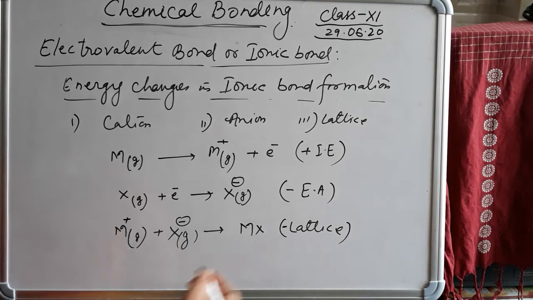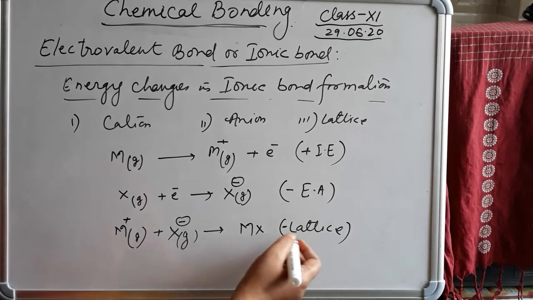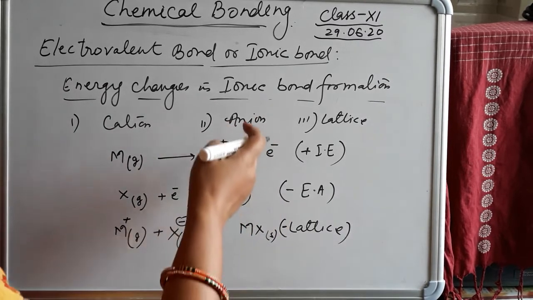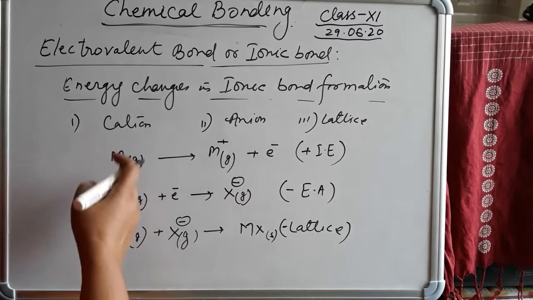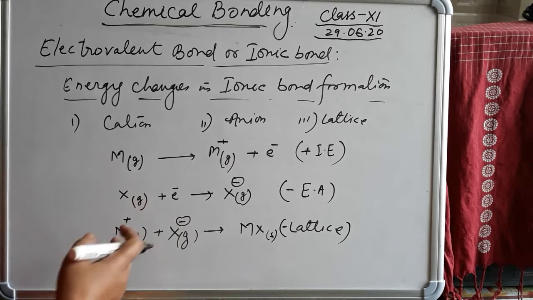Energy released is called the lattice enthalpy. So students, the gaseous ions combine to form the lattice. Lattice always exists in the solid. So simply we memorize by these steps how the formation of ionic bond takes place and the energy changes in ionic bond formation.